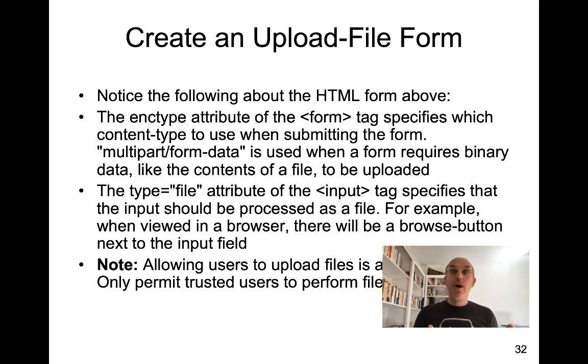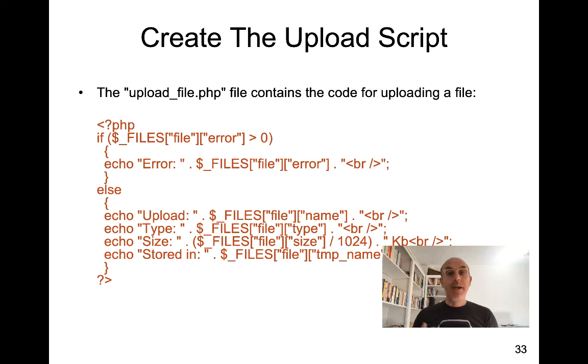In the case of YouTube, they need to know who you are in order for you to upload a file to YouTube, and this is again the issue of security that can be applied. So, create the upload script. This is the code for it, and it allows us to do that. I highlight the echo error if there's an error in the upload.